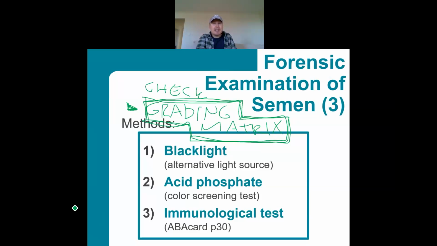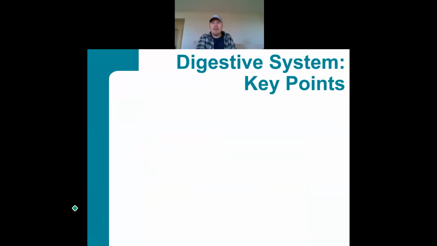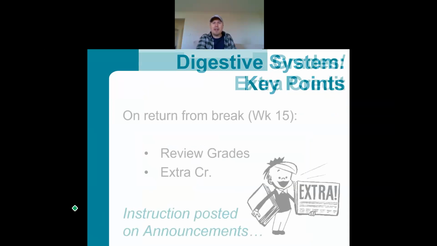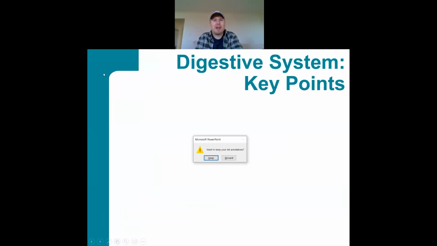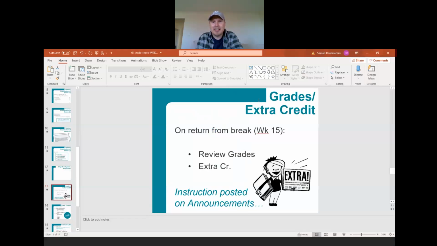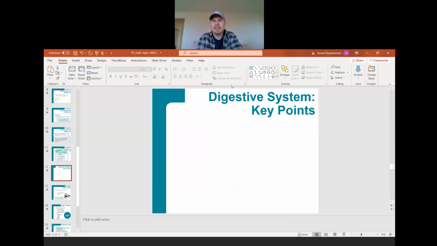So the next thing for us to have a look at is this week's key points from the, it should say, of course, reproductive system. I'm sorry that has escaped there. So let's find that. Just bear with me.